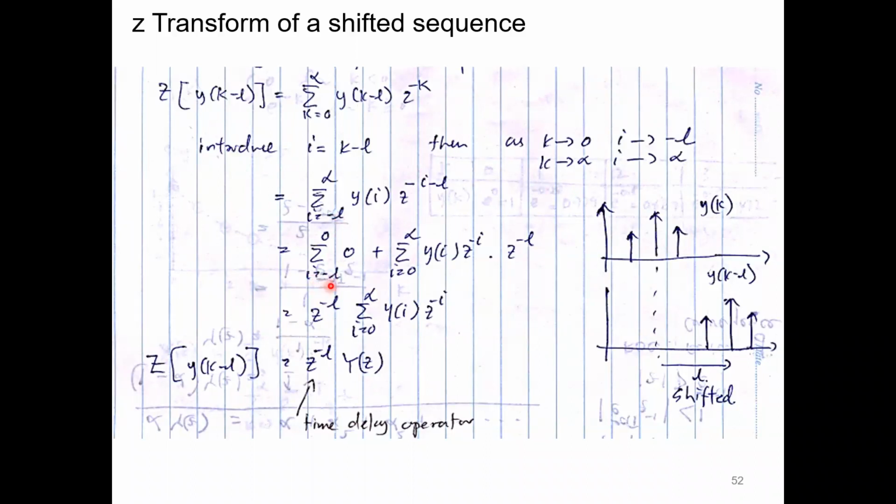So i from minus L to 0 is anyway 0. We don't have any y in that region. So it is basically the positive part, i equals 0 to infinity, y(i) z to the minus i, z to the minus L.